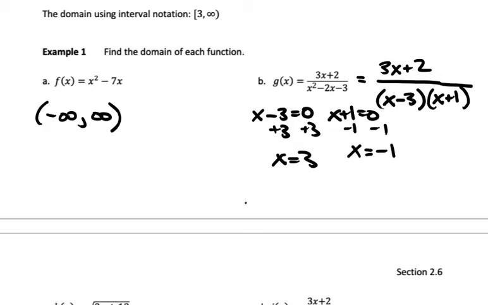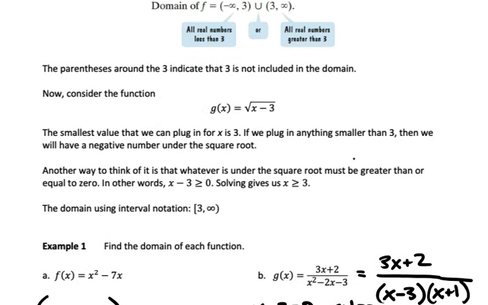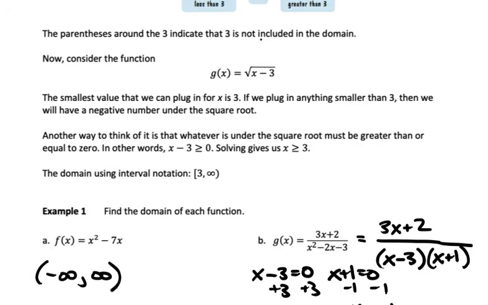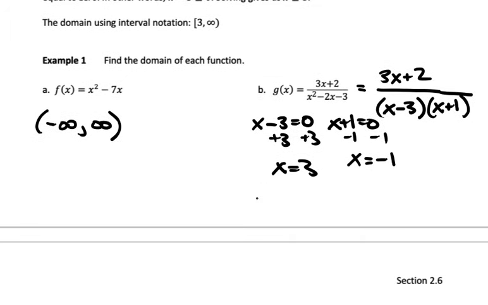So the way that I would write this in interval notation is I'm going to go kind of similar to the first one. I'm trying to exclude the value of negative 1. So to exclude the value of negative 1, I need to go from negative infinity to negative 1, and then do a union and put negative 1 on the other side, and use parentheses around both. Now, when I'm doing this, though, I have two values that are not allowed.